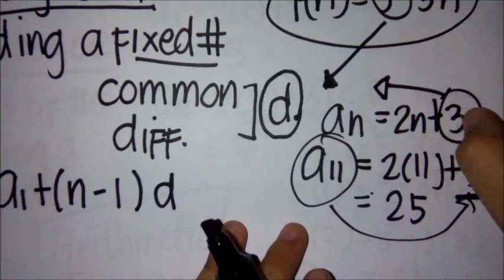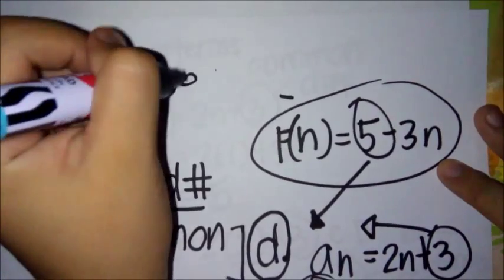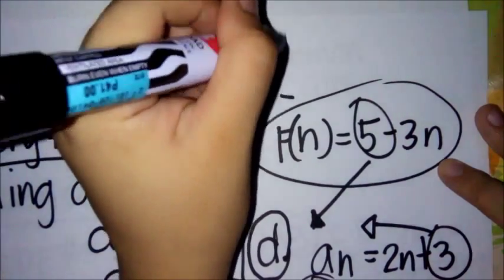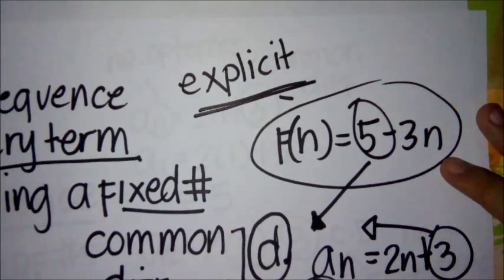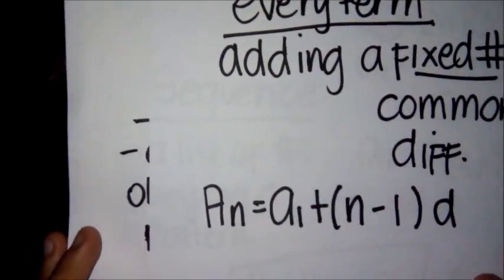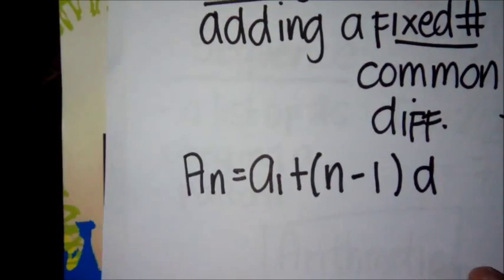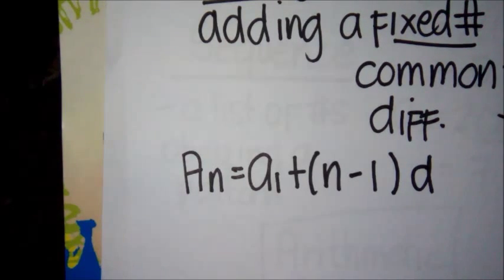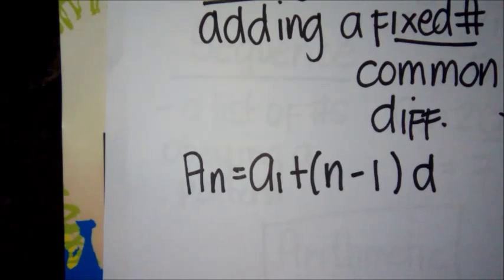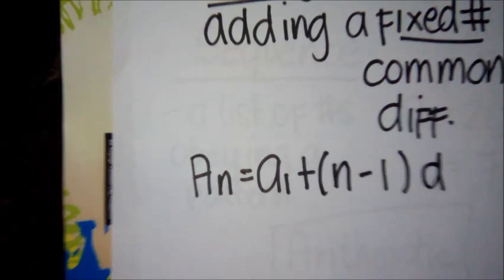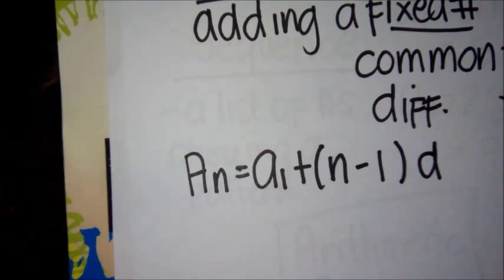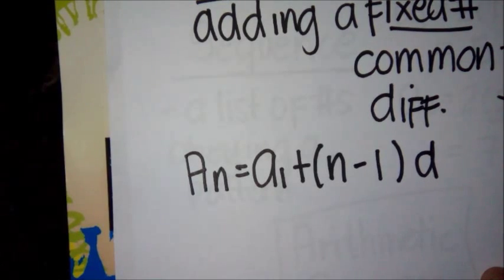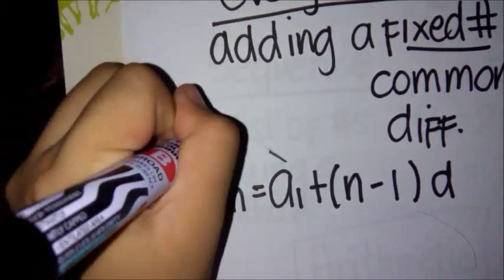By the way, here the 5 minus 3n is your explicit formula, while this a sub n is equal to a sub 1 plus n minus 1 times d is your general formula.